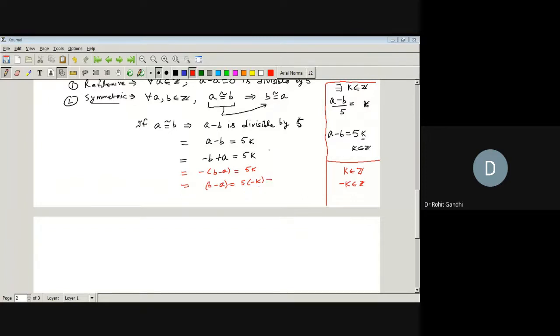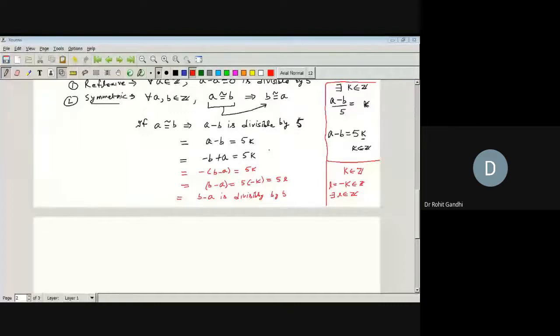I will write minus k as small l. So there exists an integer l belonging to Z such that b minus a can be written as 5 into l. So what does it mean? It means b minus a is divisible by 5.